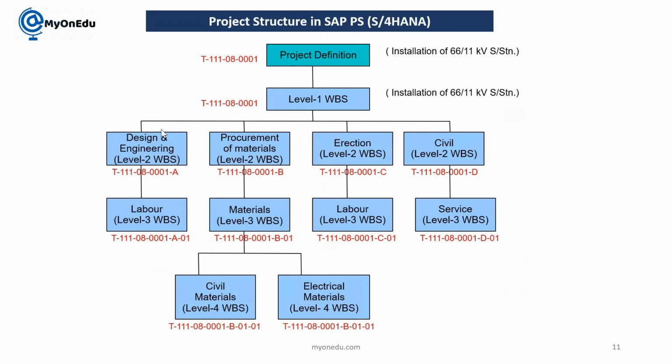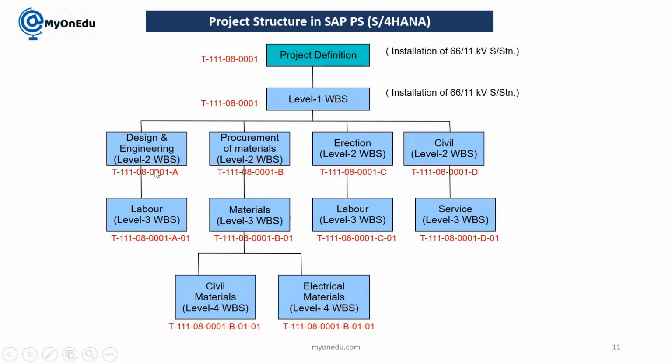This is one structure I have given, just for idea. Here your project definition is here, then the next level of WBS, then further levels of WBS element. Here we are going to do installation of one substation. This is one example I have taken: a 66/11 kV substation which we need to install.